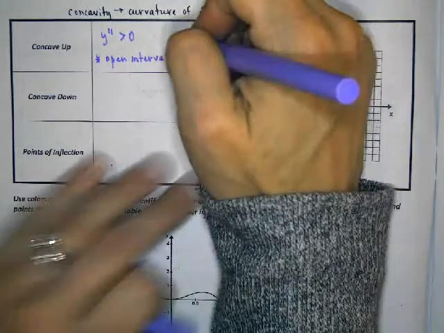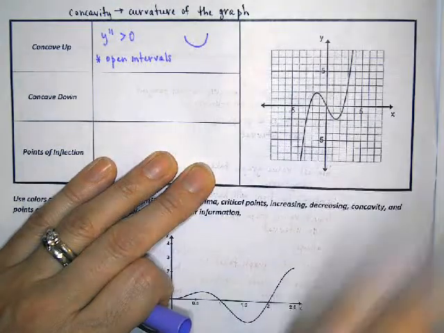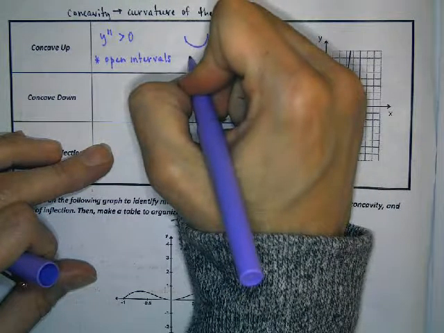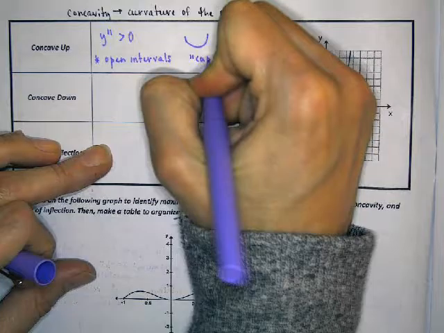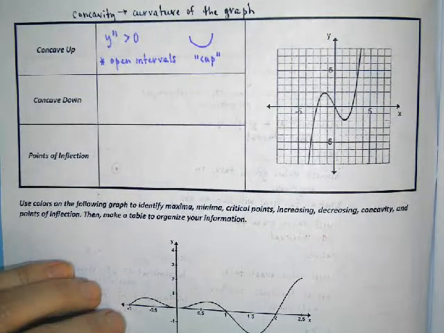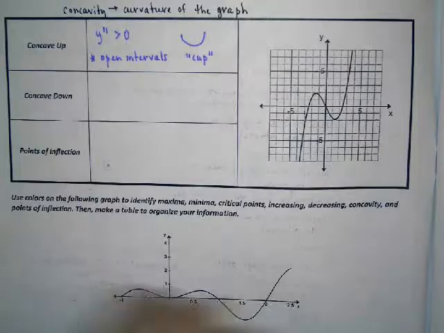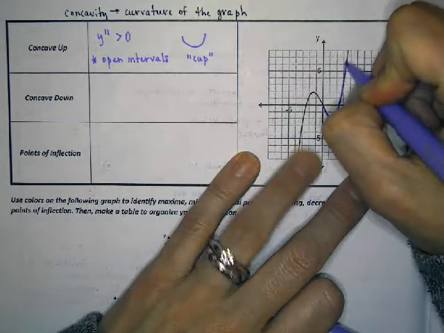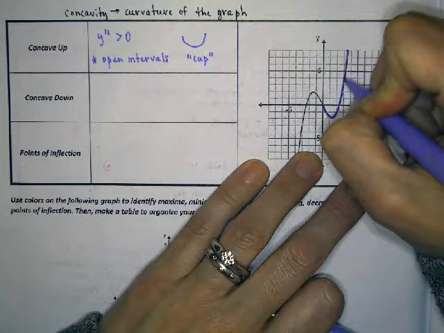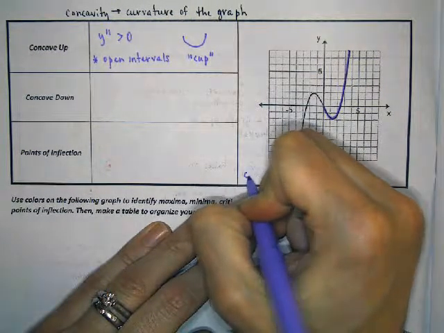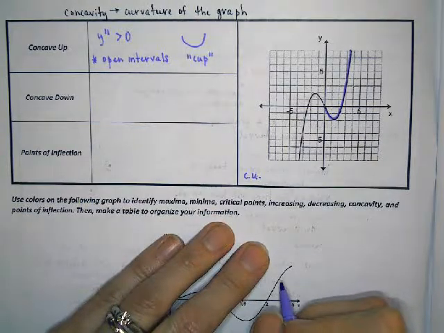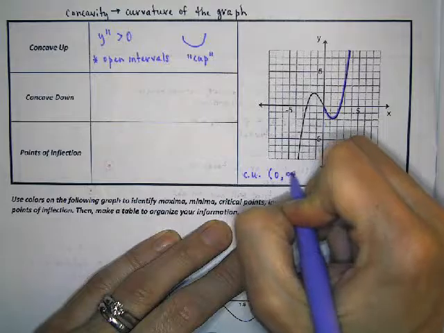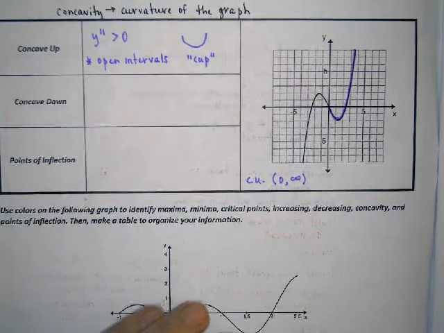If I'm concave up, it's going to look like this, where it's opening upwards. Sometimes I think it's helpful to think of concave up as a cup. It'll hold water. So if I look at my graph at this section here, this is concave up. That would hold water. So I'm just going to abbreviate concave up here. And that interval is going to be open from 0 to positive infinity.